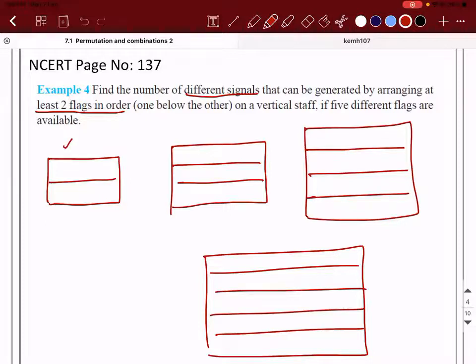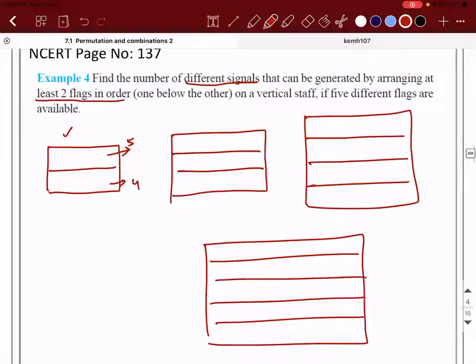So how can I fill this? The first one can be filled in 5 ways. Can you use a repetition of flag here? No, sir, I can't, because a flag is a physical material that I have. Right. So 5 into 4.